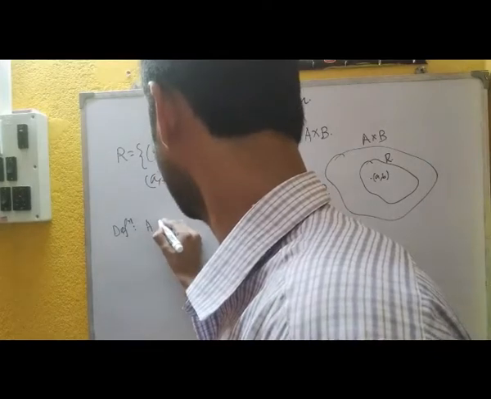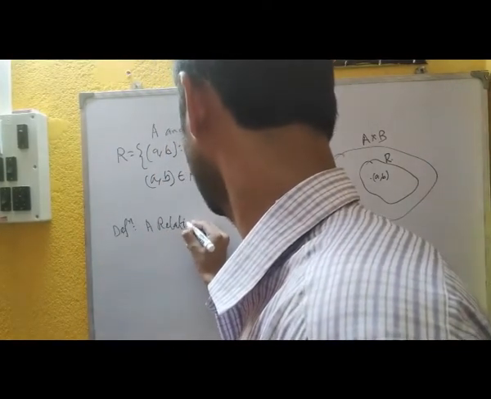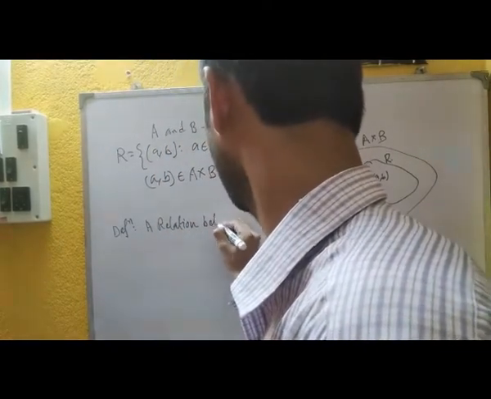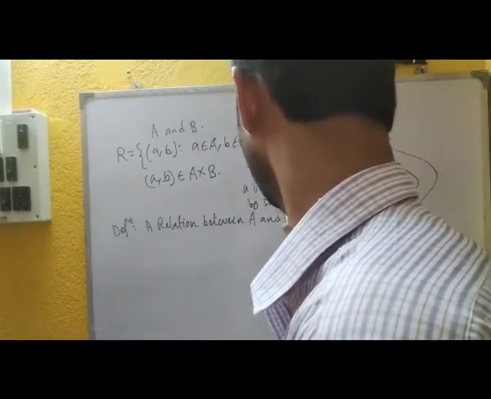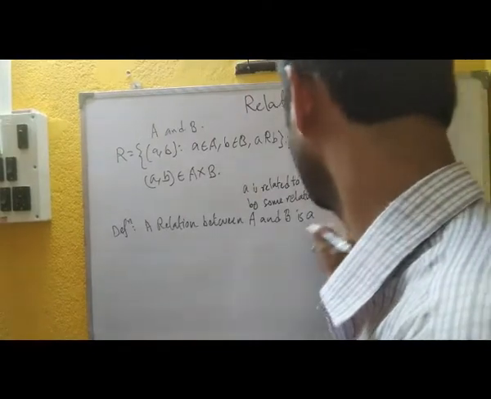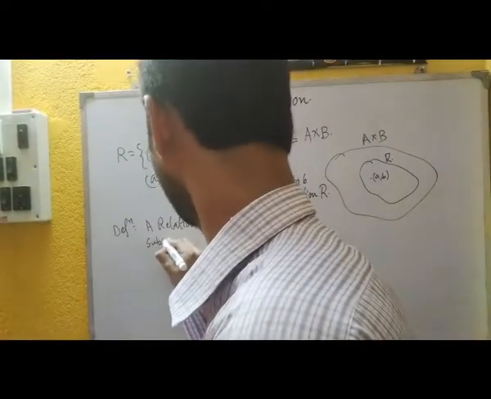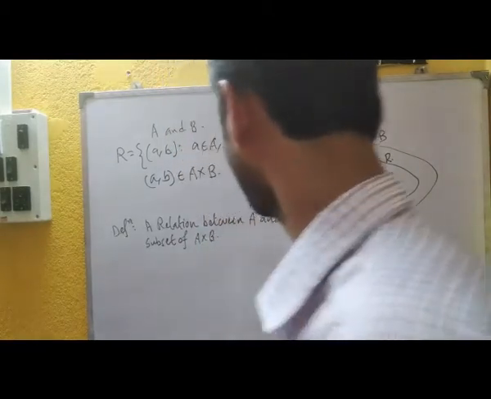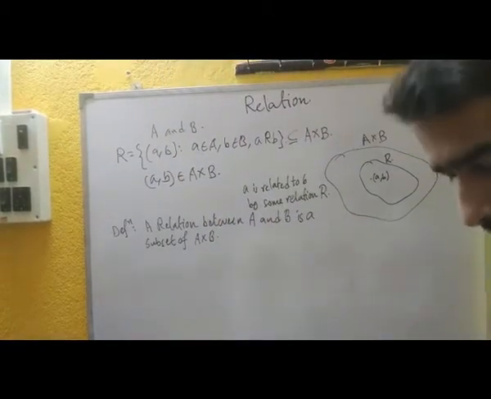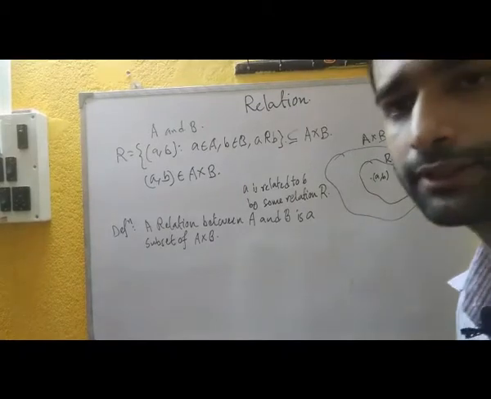A relation between A and B is a subset of A cross B. So in this way we define the relation between two sets.